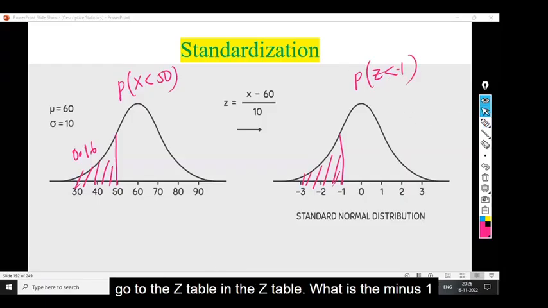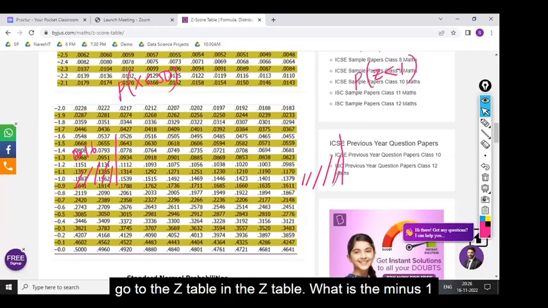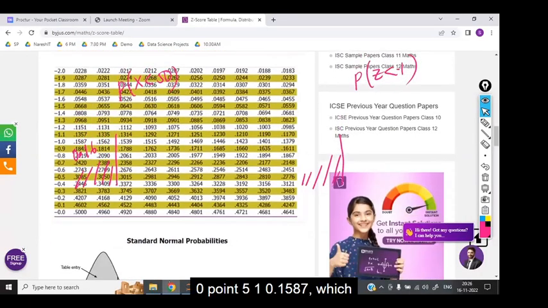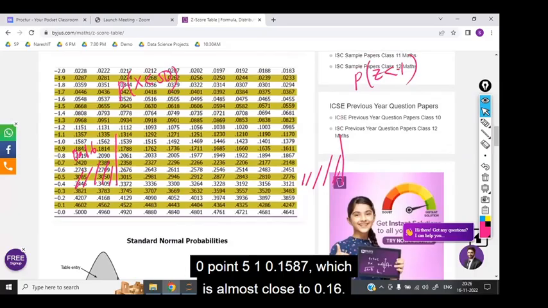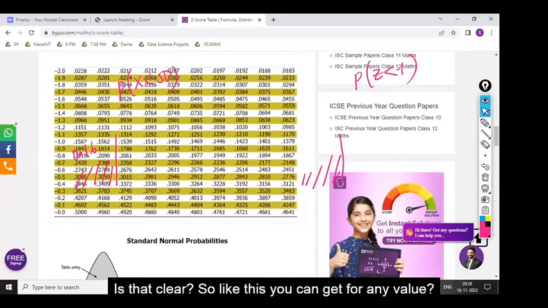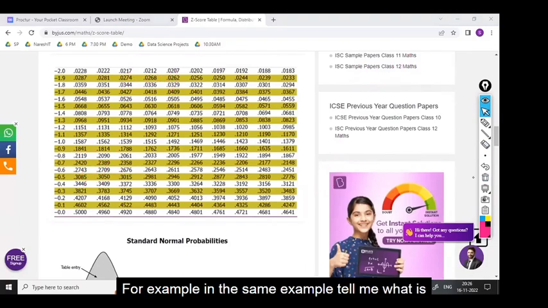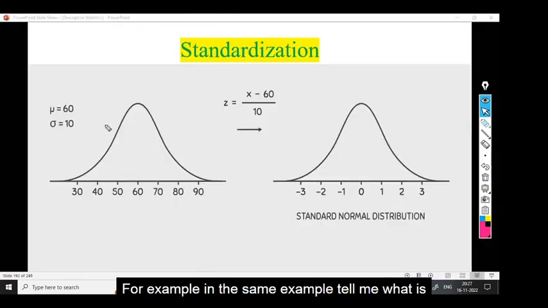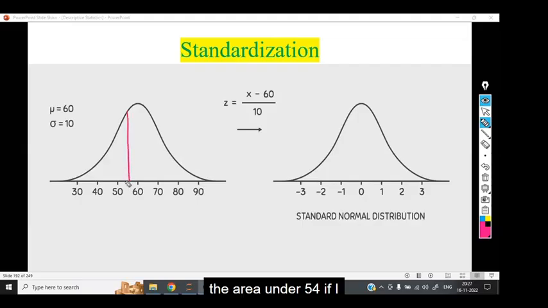Now we will go to the Z table. In the Z table, what is the -1 score? 0.1587, which is almost close to 0.16. Is that clear? So like this, you can get for any value. For example, in the same example, what is the area under 54? Can you calculate here?